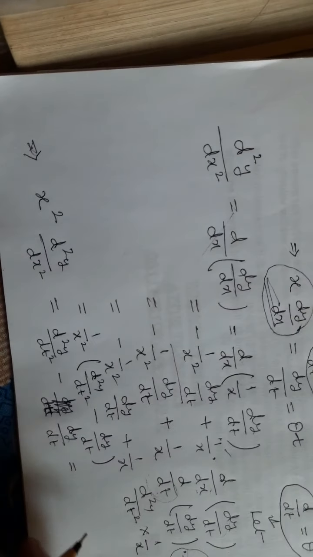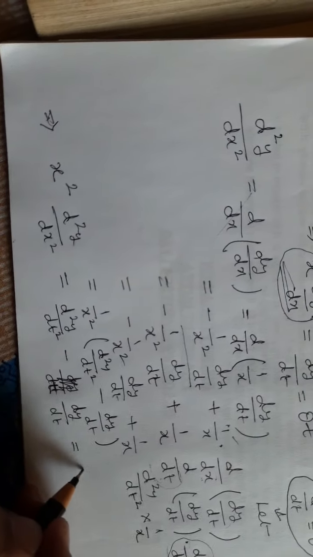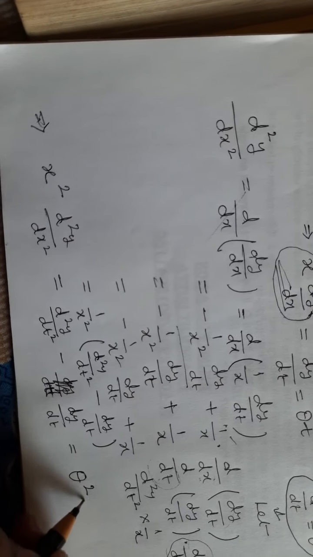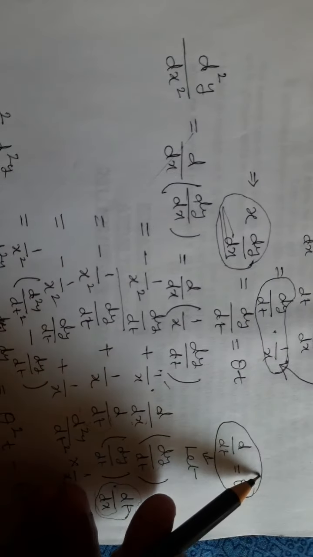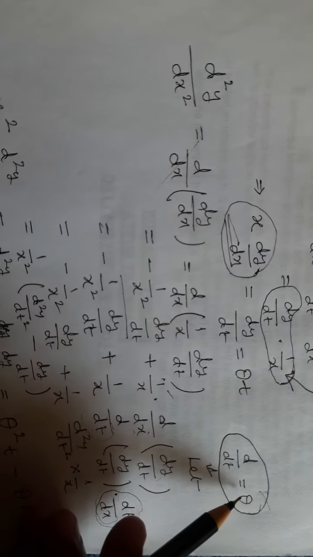That equals theta square y minus theta y, where d by dt equals theta, which we already took.